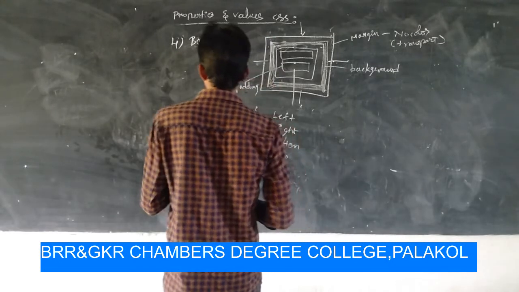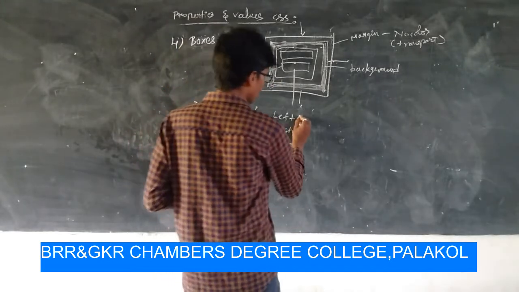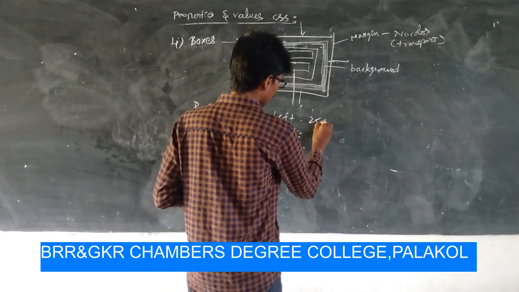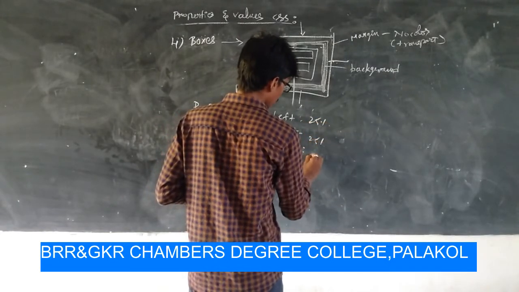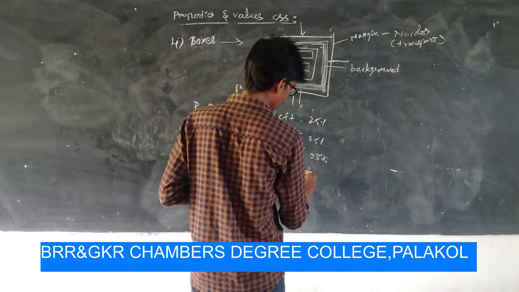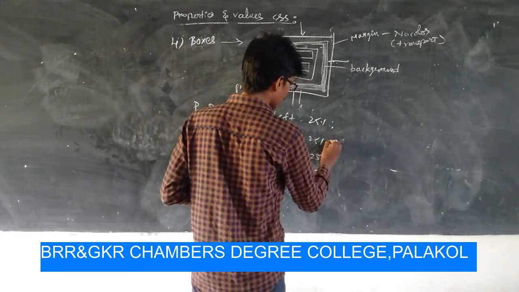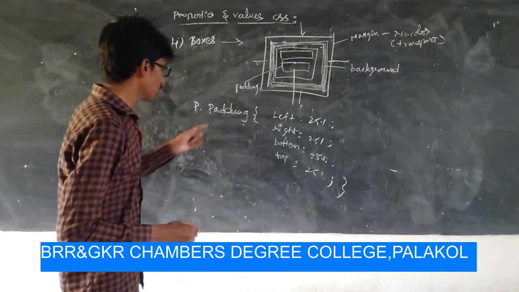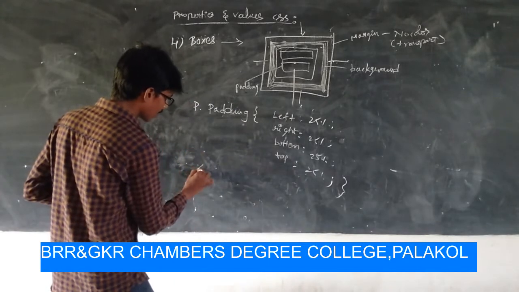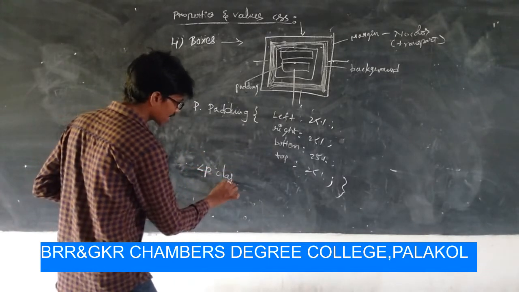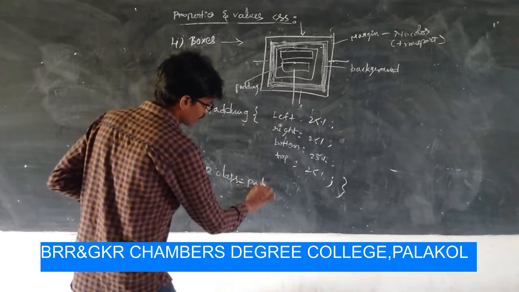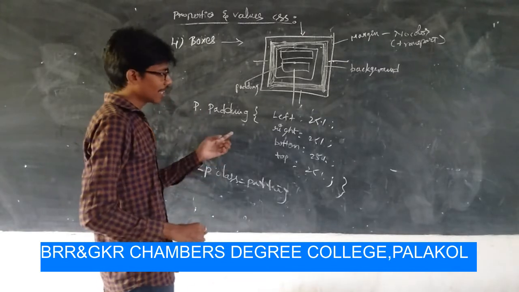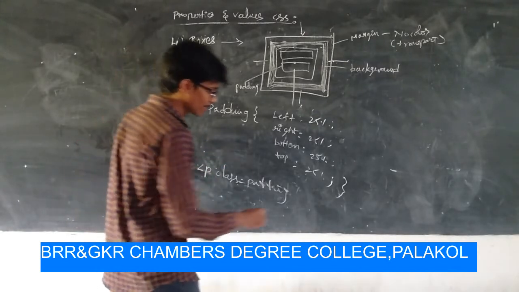These are the positions of allocation of padding. There you mention the values in percentage or pixel values, 25, 25. These are the values for allocating the padding. Okay, after that semicolon, semicolon, semicolon, then close the curly brace. You can call the class in the paragraph in the body section, that is p space class equal to padding. The values represented before in the style part are directly applied for the padding.